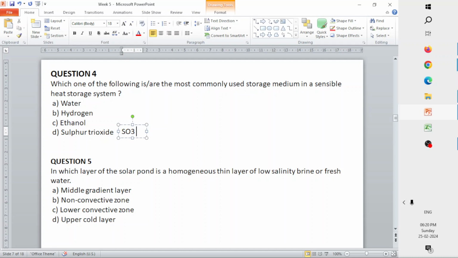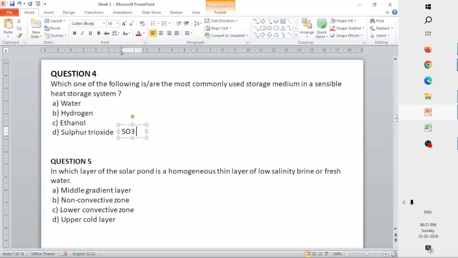Now you require this stored energy at one particular point of time for any application or purpose. So you take this SO2 and O2 and you make them react. During this reaction, it's an exothermic reaction. It will result in the formation of the product, but at the same time, it will also release the heat it gained during the forward, endothermic reaction.